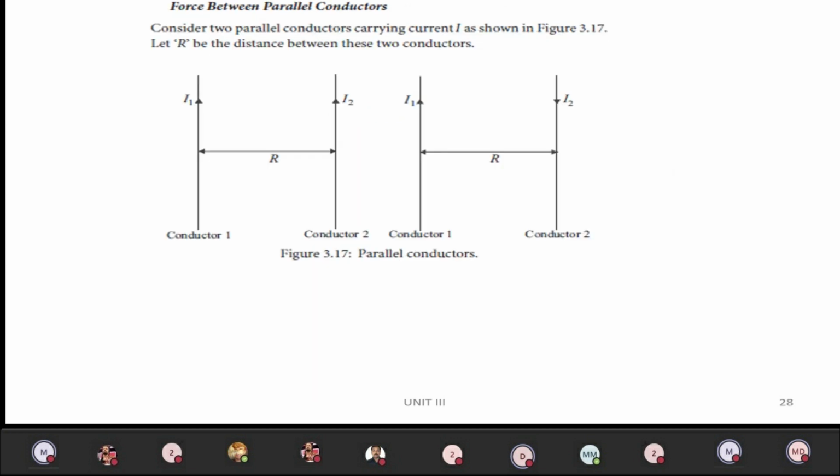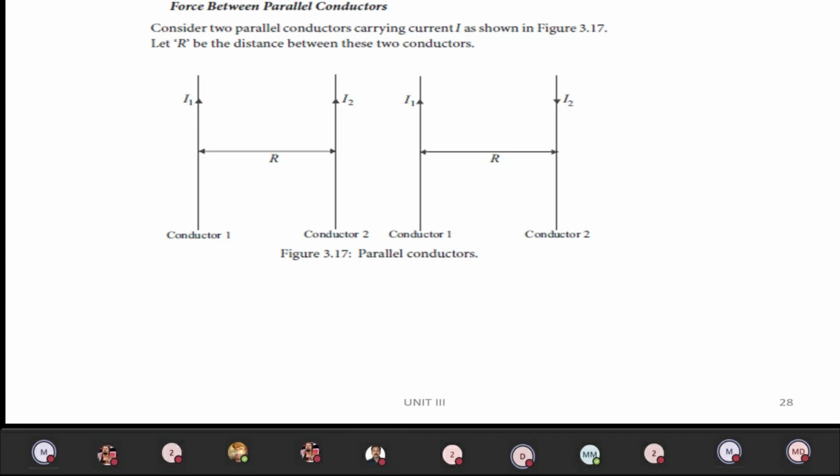Similarly, consider two parallel conductors, each carrying current I, separated by a distance r. R is not the radius here, just the distance.